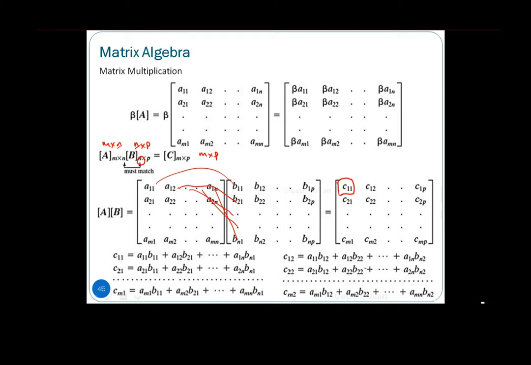If you want C12, then you go to the first row and second column: A11 multiplied with B12, then A12 multiplied with B22, then the summation of all this, the first row of A and the second column of matrix B, will give you C12. That is what you see here.